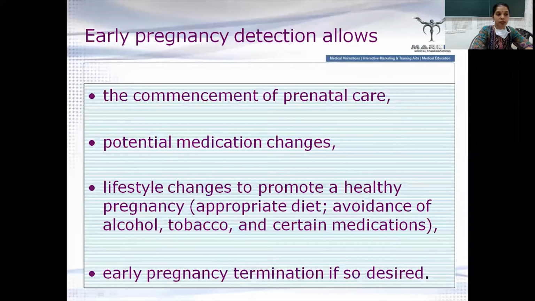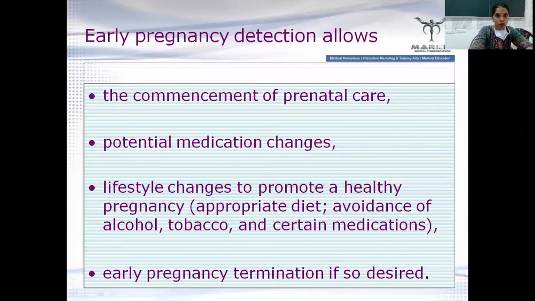Why do we need to diagnose the pregnancy? Otherwise she might come straight away to the OPD, say she is pregnant, and after that come with labor pains and deliver. Early pregnancy diagnosis allows the commencement of prenatal care. That means the patient should be taken care of from the beginning of the pregnancy, and she will be given supplementation and potential medication changes.